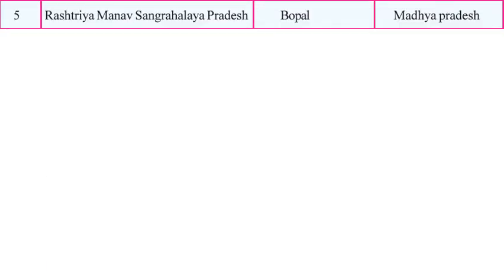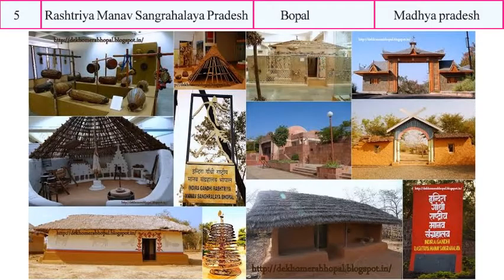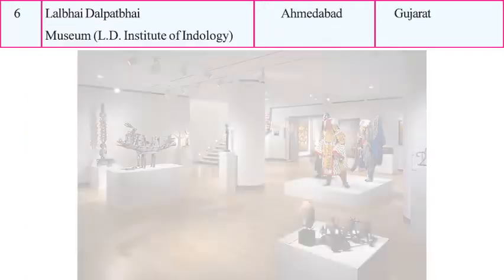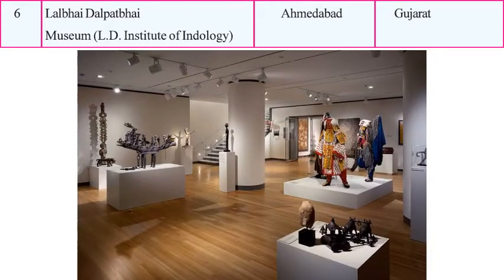Then comes the Rashtriya Manav Sangrahalaya in Bhopal, Madhya Pradesh, also named Indira Gandhi Rashtriya Manav Sangrahalaya. It consists of the lifestyles of different cultures. As you can see, it represents the cultures of different civilizations in a single place. Then the Lalbhai Dalpatbhai Museum, at the LD Institute of Technology, Ahmedabad, Gujarat.